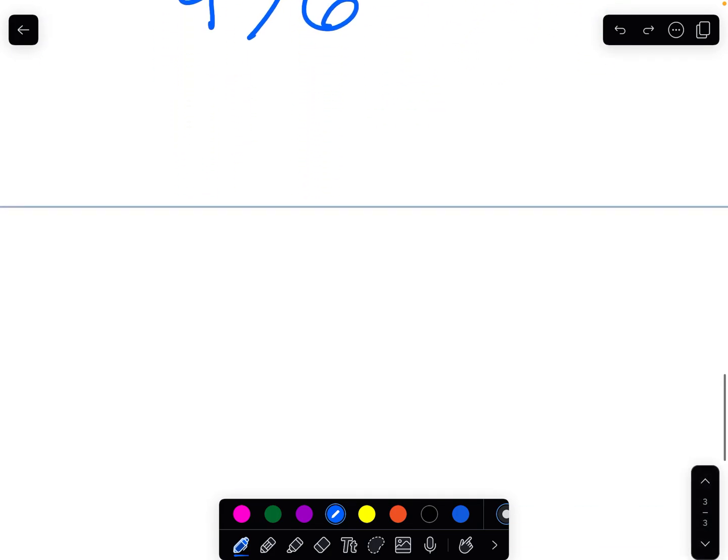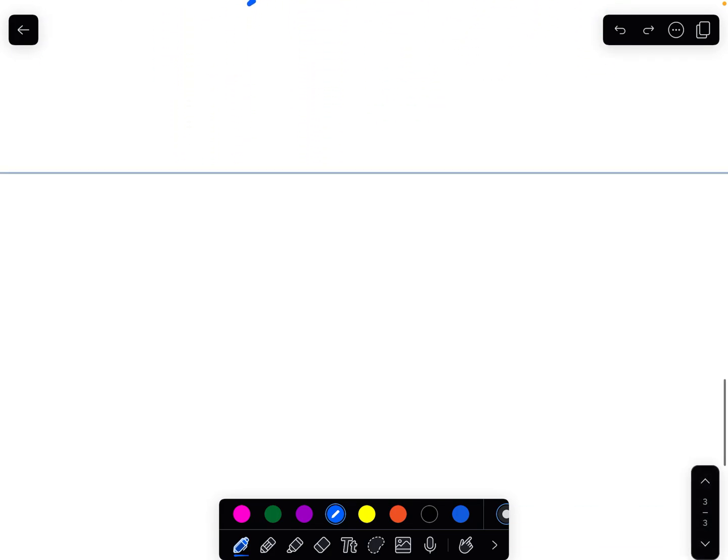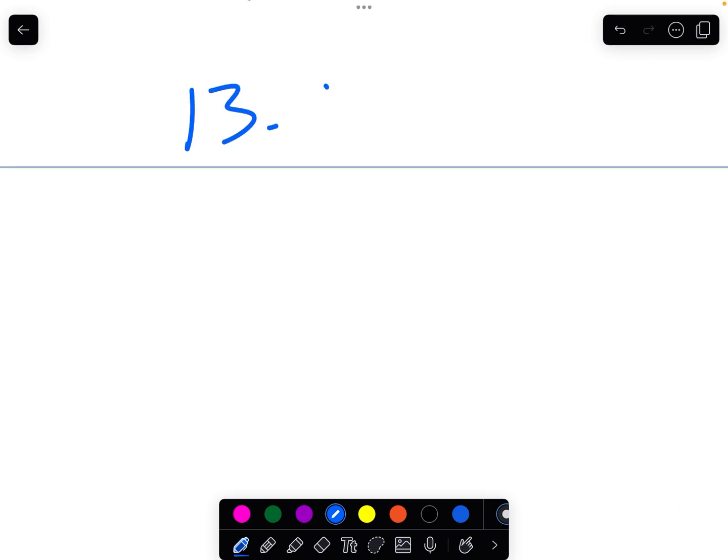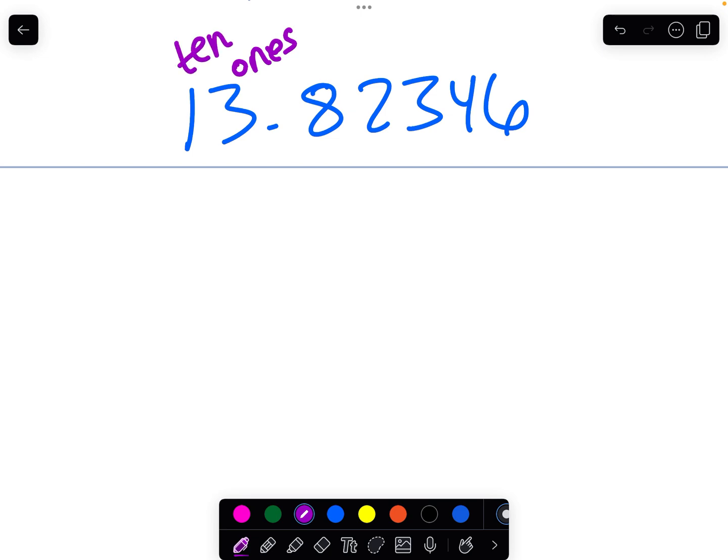And let's just do one more quick example. Let's say you have the number 13.82346, and you're being asked to round to the nearest hundredth. So let's go over our place values here. We've got ones and tens, and we've got tenths.